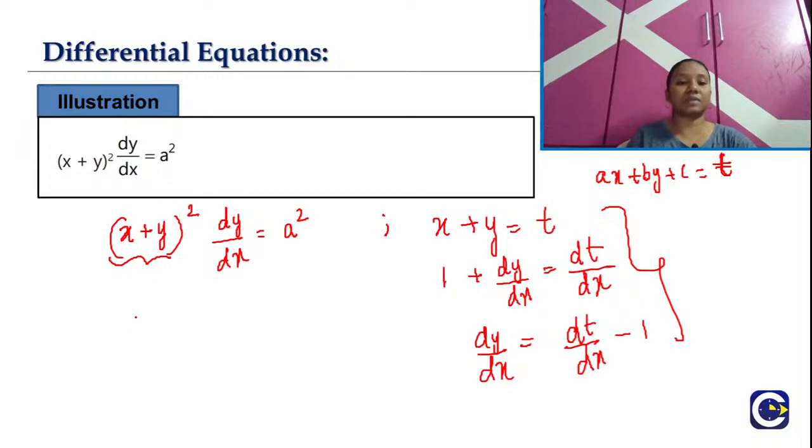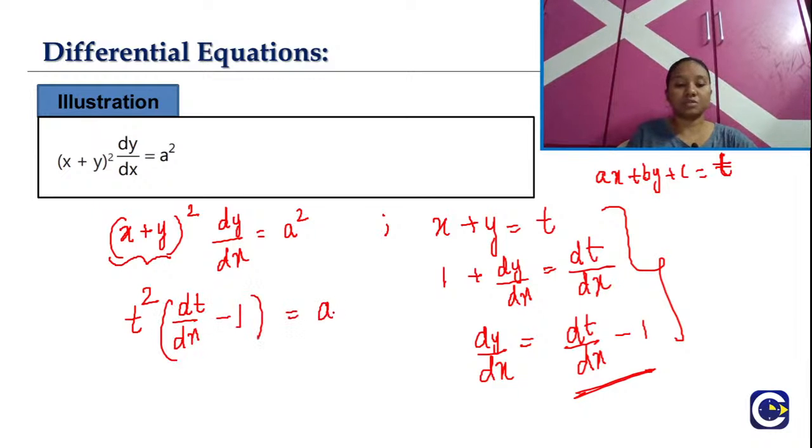In place of x plus y, we have assumed it to be t, so let it be t square, and in place of dy by dx, we have just got the expression in terms of t and x. So, let's substitute that. That means t square times dt by dx minus 1 is equal to a square, right?